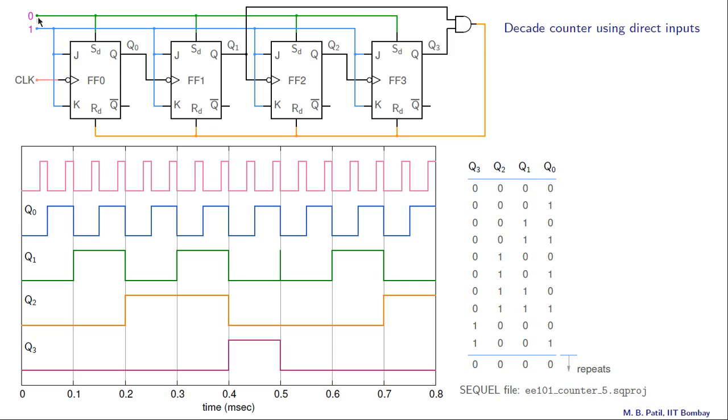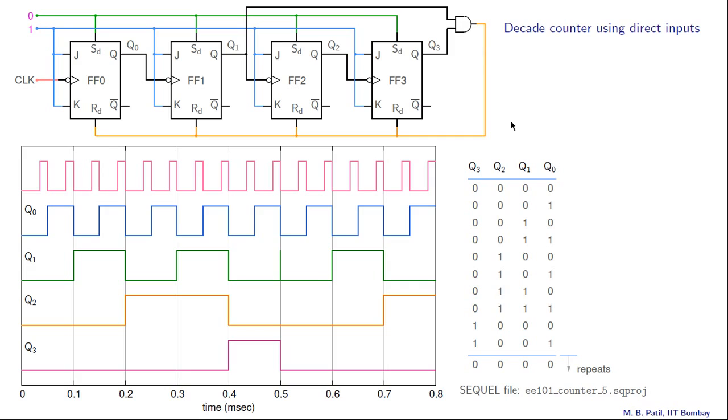SD is 0 for all of these flip-flops, and RD is coming from the output of this gate. And what are the inputs to this gate? One input is Q3, the other input is Q1. So this Q3, Q1 is connected as RD for all of these flip-flops.